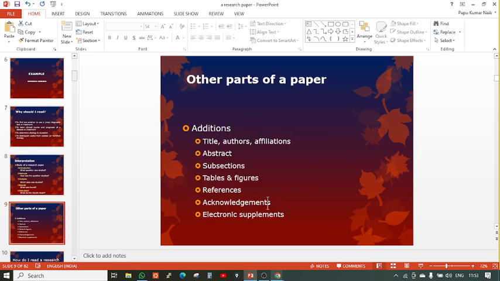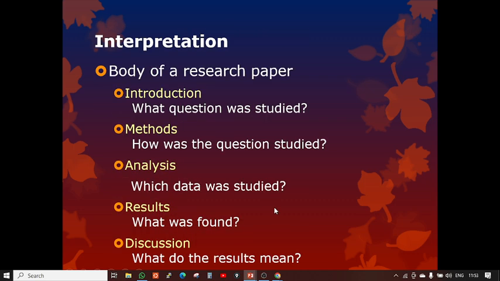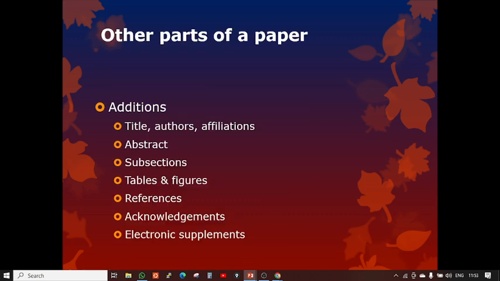Then apart from this IMRAD, there are some additional important parts. For example, the title. A research paper has a title. After that, it has authors. Then affiliations, which academia or organization you belong to.